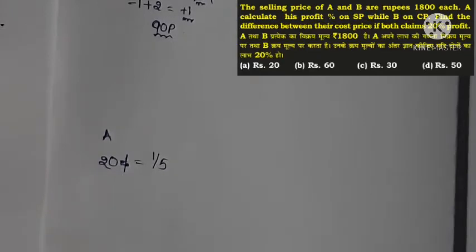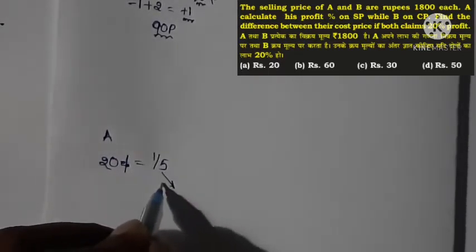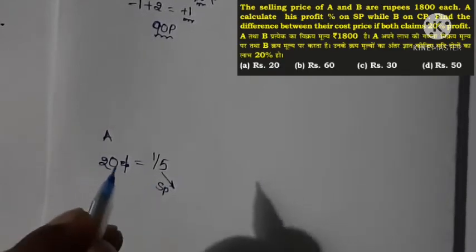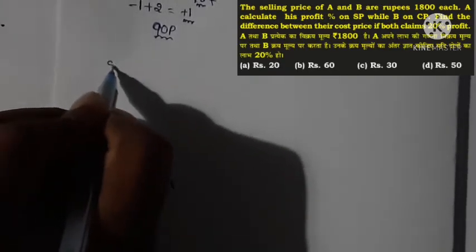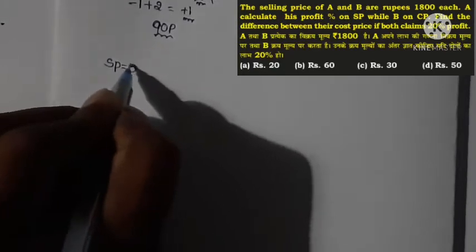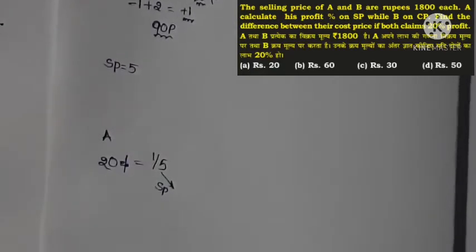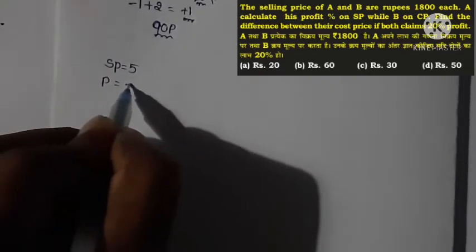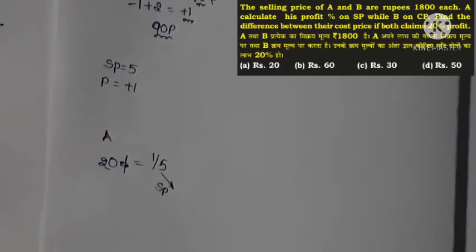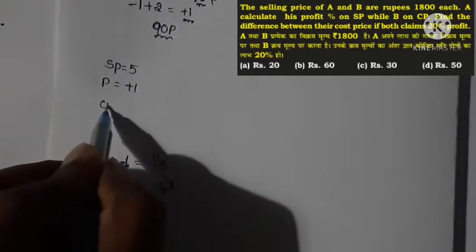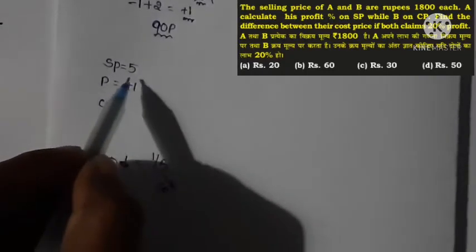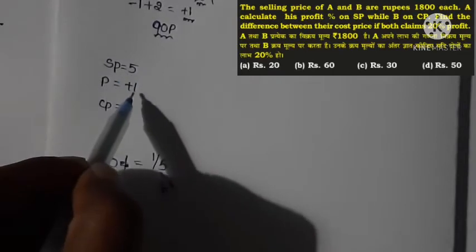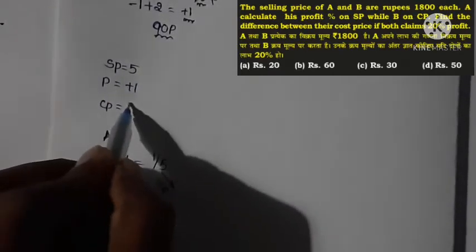So A calculates his profit on selling price. Say the selling price is equal to 5. So the profit is plus 1. So the cost price is 5 minus 1, so the cost price is 4.